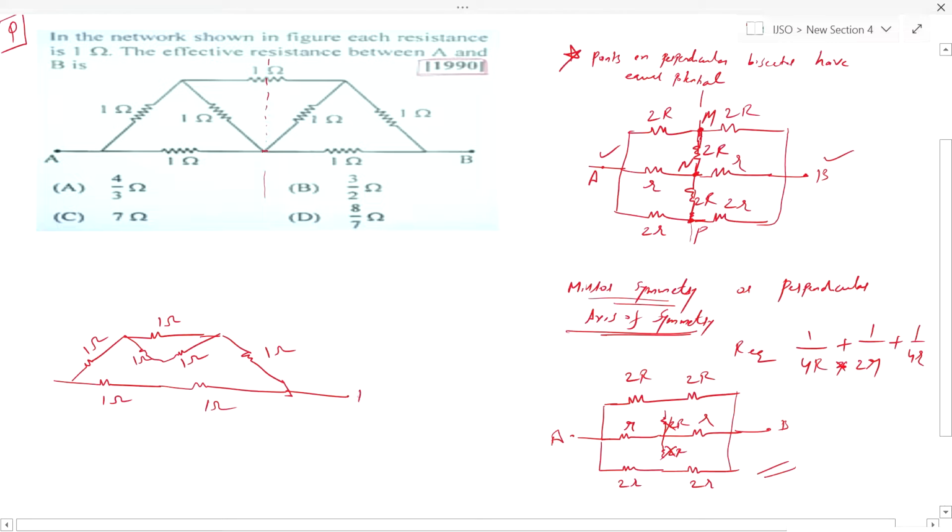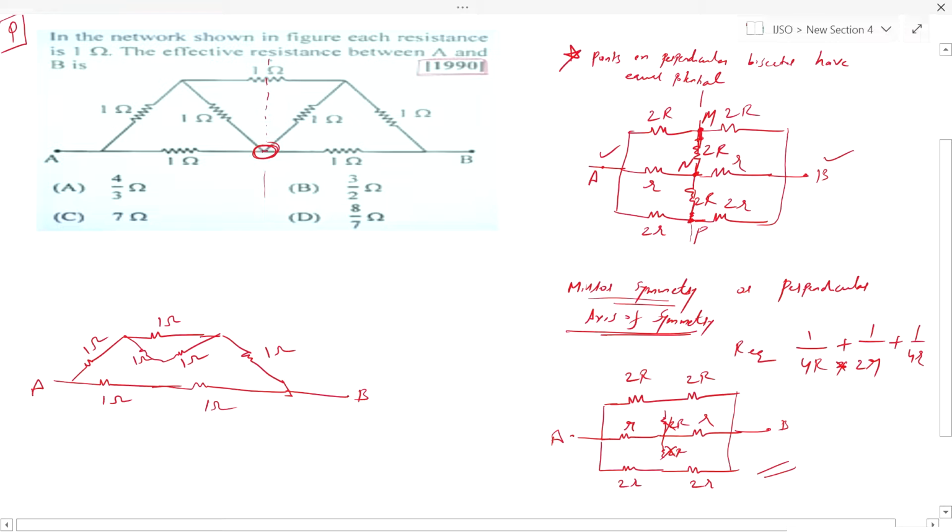Easy or tough? You just have to remove this space. See over here also I removed this much line. So remove this line. So that 1 ohm should get removed, right? That resistor through which it passes. But this is passing through this point, no? There is no resistor over here. You can do it like this.